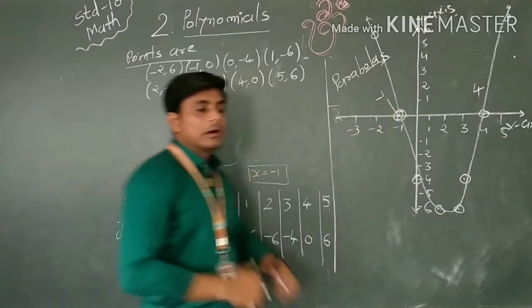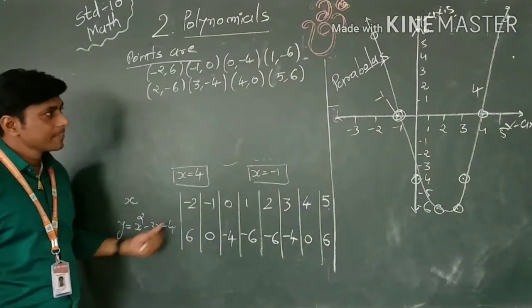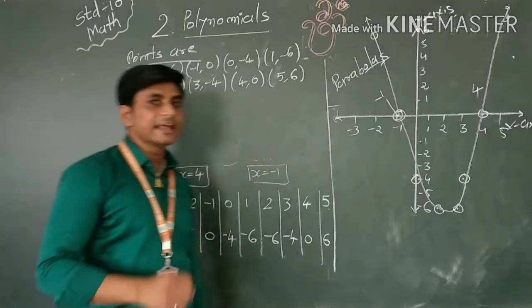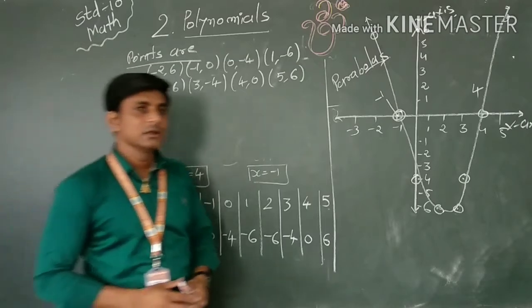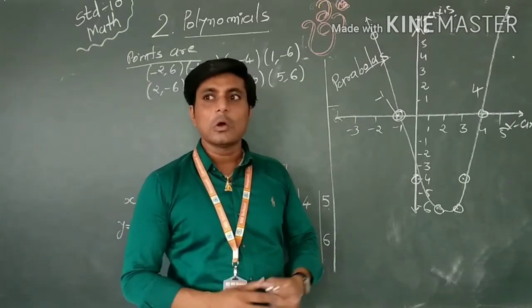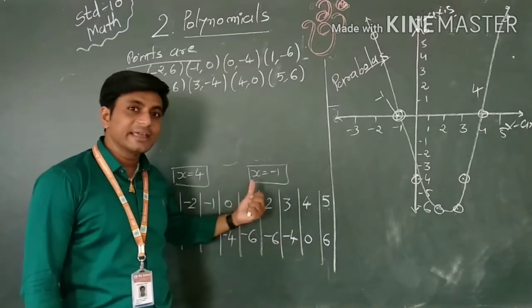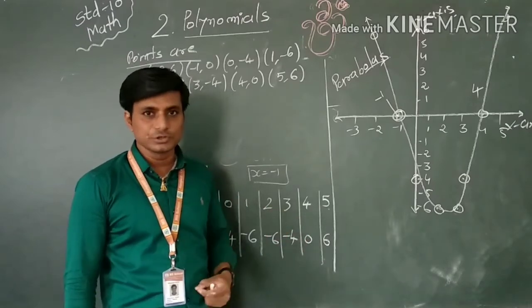That means the zeros of the given polynomial are -1 and 4. Here this polynomial has 2 zeros. Can we say that a quadratic polynomial always has 2 zeros? No. But we can say that a quadratic polynomial has at most 2 zeros.